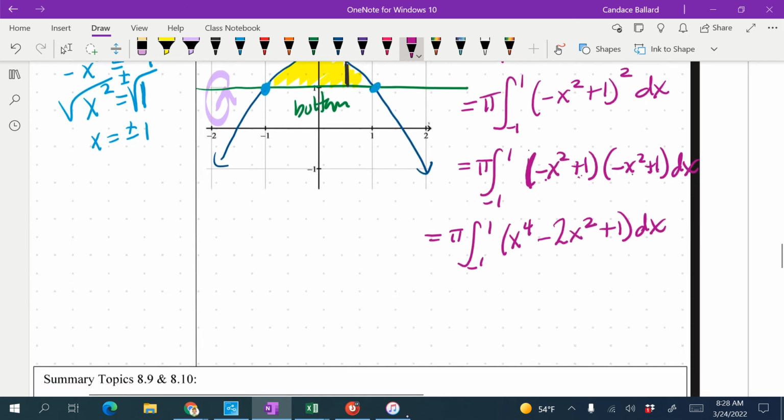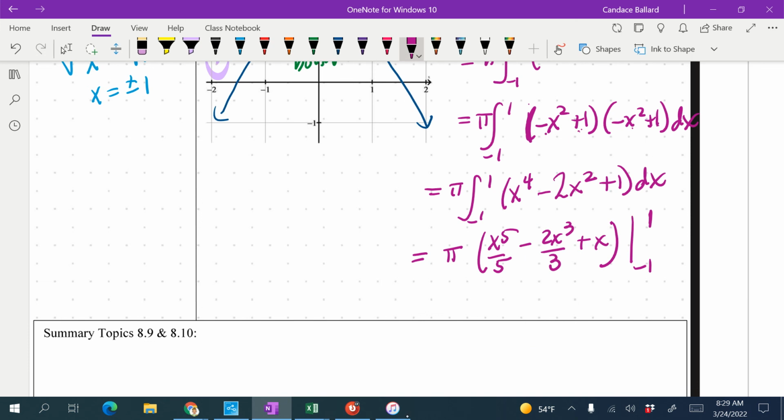I'm going to go ahead and integrate that. So we've got pi. Remember, we add 1 to the exponent, so we get x to the 5th over 5 minus 2x cubed over 3 plus x from negative 1 to 1. And then we are going to go ahead and plug our values in. So we get pi times: 1 to the 5th is 1, so we get 1/5.